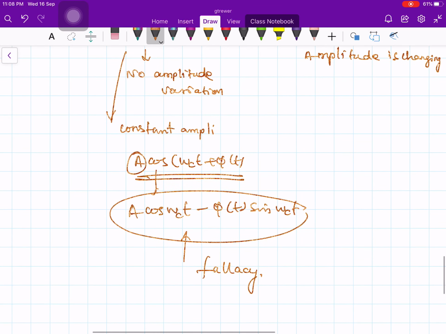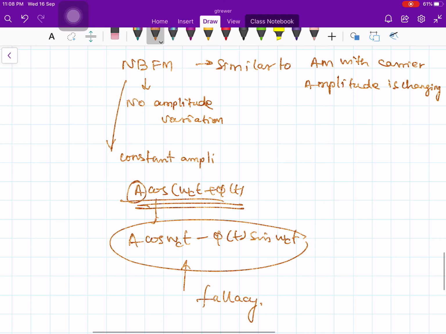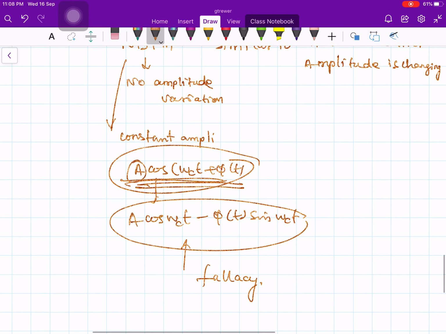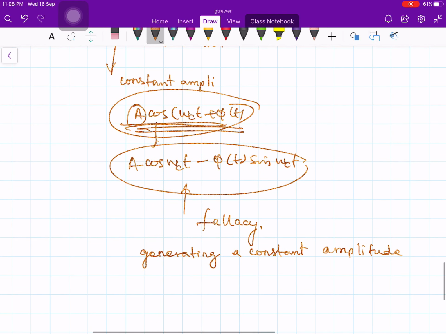The fact that you started with a constant amplitude signal, but you are using an amplitude modulation process to generate it. The beauty is you are generating a constant amplitude signal. It's a very, very important point to understand. Generating a constant amplitude FM signal by using an AM modulator.